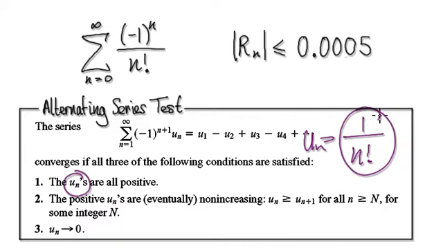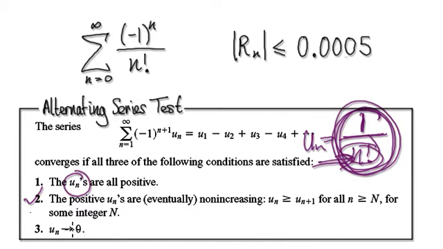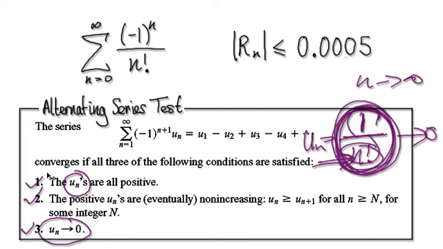Make sure that they're all positive, and you can see that they're all positive. And then make sure that it's non-increasing. Well, n is getting bigger and bigger, so you've got 1 divided by something that keeps on getting bigger and bigger. So this has been satisfied. Make sure that the limit will be 0. So as n heads towards infinity, you can see that this thing here will head towards 0. So all three have been satisfied.